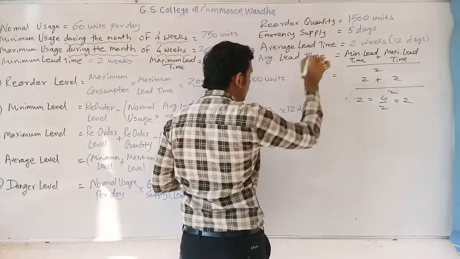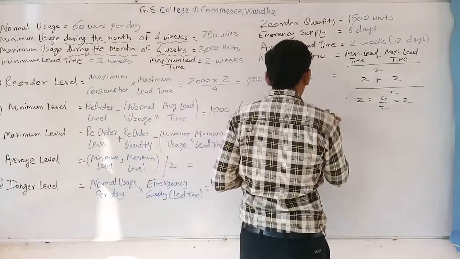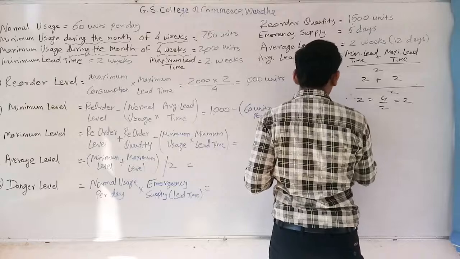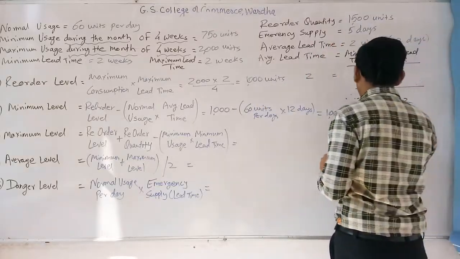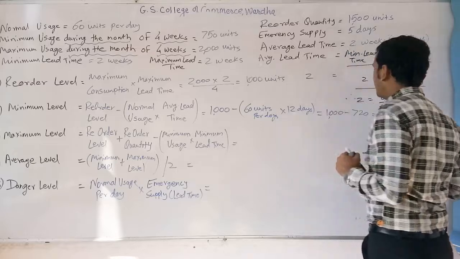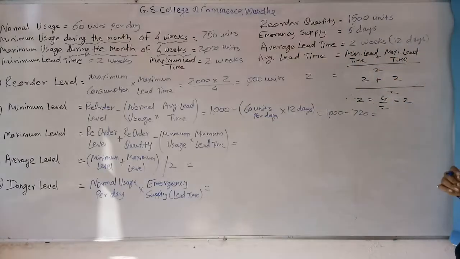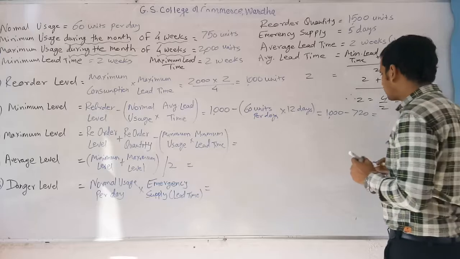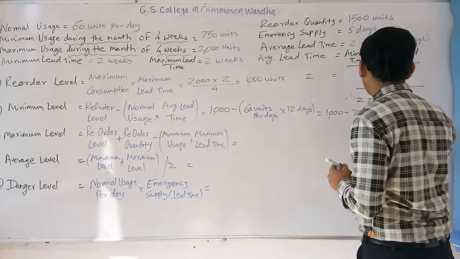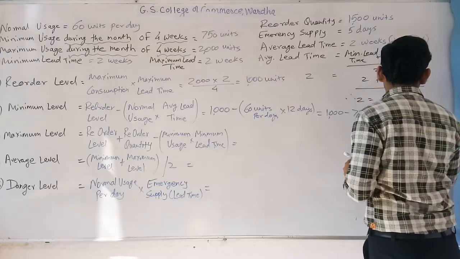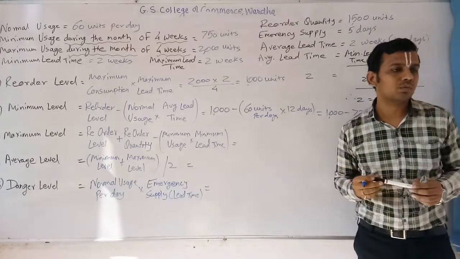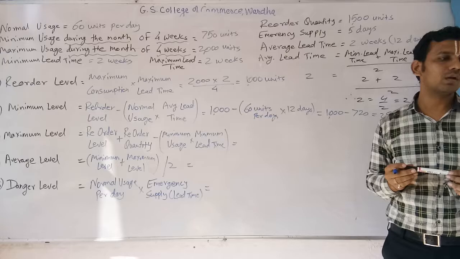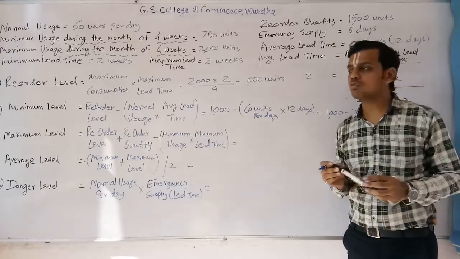So 1000 minus 12 into 60, that is 720, and we get our answer as 280 units, which is our minimum level of stock.